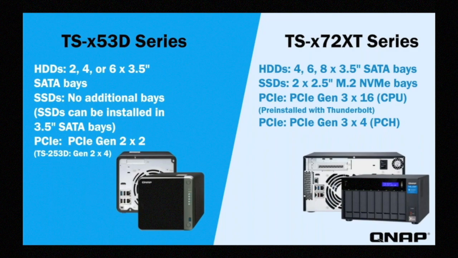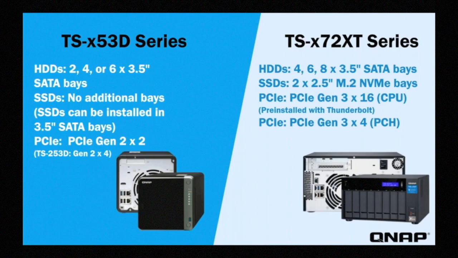Now, if we look at our TVS-72XT series, on the outside it looks just like a 4, 6, or 8 bay standard 3.5-inch, depending on the model of how many bays it has. But in addition to its standard drive bays, it also includes 2 M.2 NVMe slots.